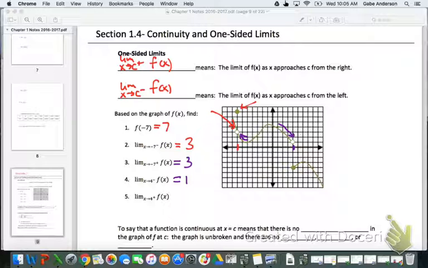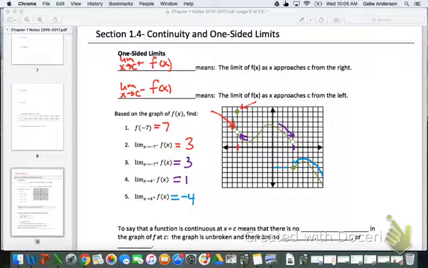And then finally, number 5, the limit as x approaches 4 from the right. So from the right here, I'm approaching 4. I'm not getting closer and closer to a y value of 1. I'm actually getting closer and closer to a y value of negative 4. As you can see, this y value is about negative 4.